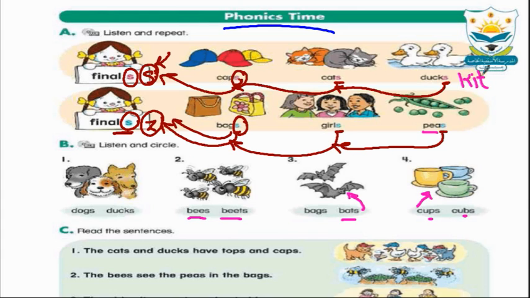Kits, kits, what's the meaning of kits? Tools. Okay? Mats, mats, mats are the rugs.